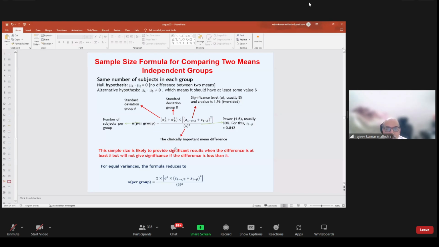The second formula is for when the variances are equal; in that case the formula reduces to this one: 2 multiplied by standard deviation square multiplied by (Z1 minus alpha by 2 plus Z beta) square, divided by the clinically important difference square. So these are the formulas for comparing two independent groups.